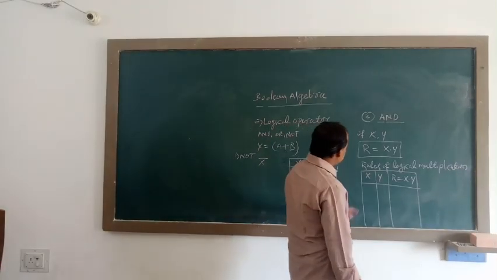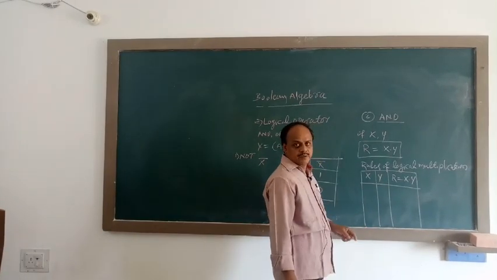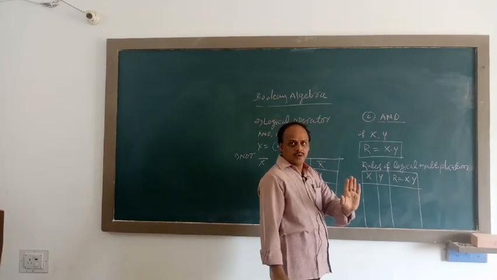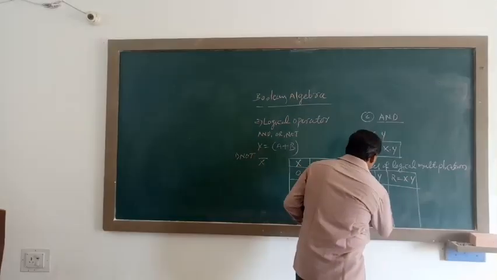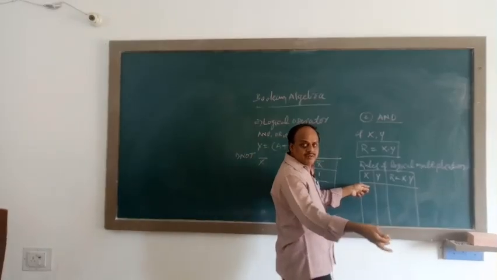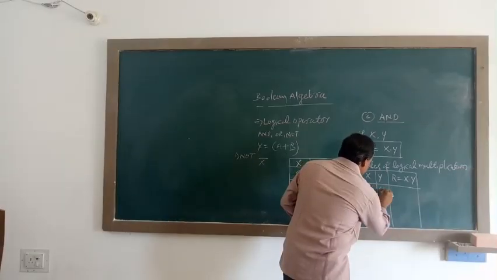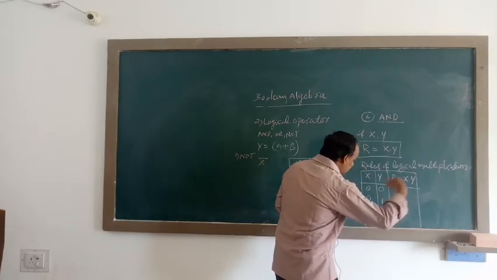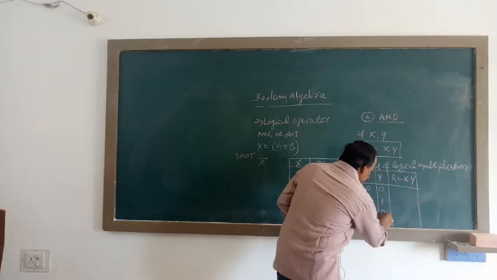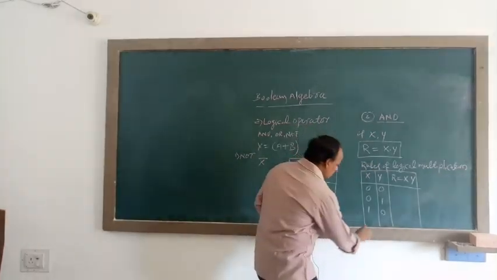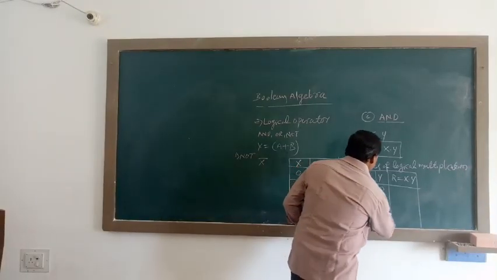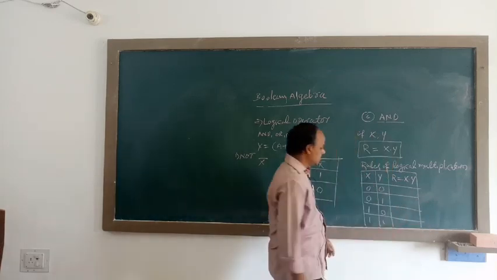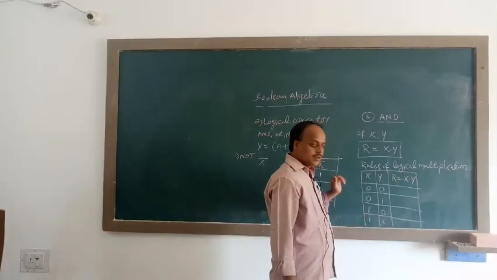So what is the rule? Here x and y are Boolean variables, which means they hold only Boolean values, that is 0 and 1 only. So the first case is 0, 0. Another case 0, 1. Another case 1, 0. Remaining case 1, 1. These are the four possible combinations.